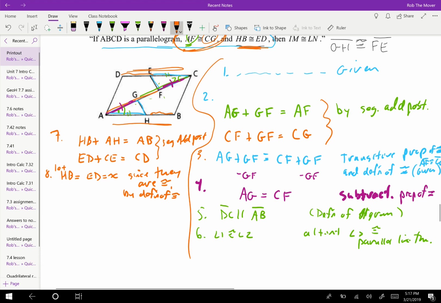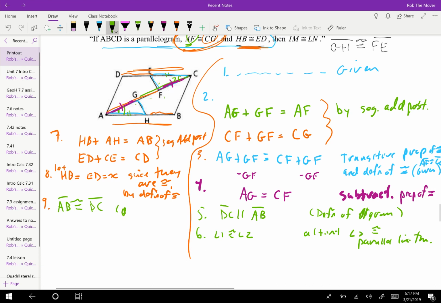While I'm doing that, let's go ahead and make another variable y for the other parts that are congruent, the whole segments themselves. But we actually haven't said that yet. We haven't said AB is congruent yet to DC. So we've got to say that.